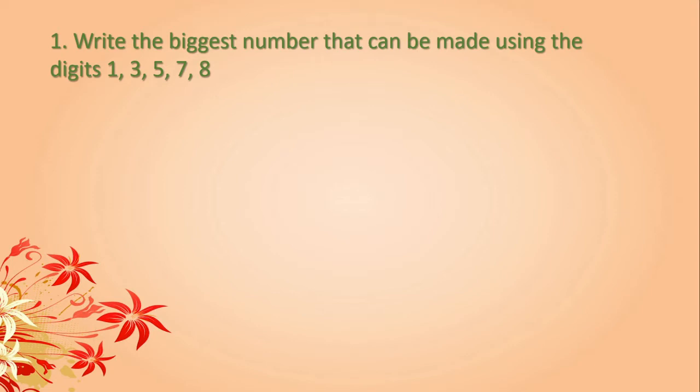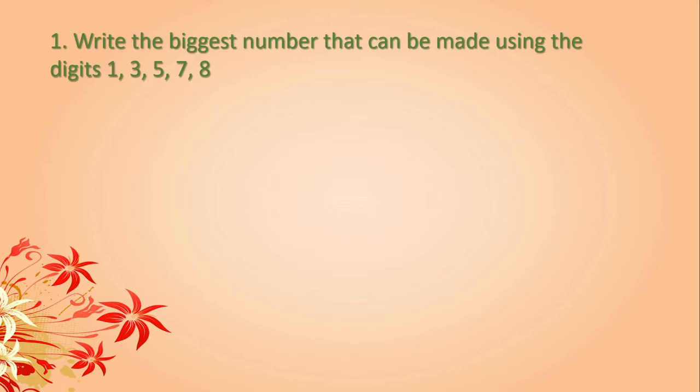The simple and the very easiest method is that we have to select the bigger number first and move towards the smaller numbers. Here the biggest number is 8, then comes 7, then 5, then 3, then the smallest number in these given numbers is 1.